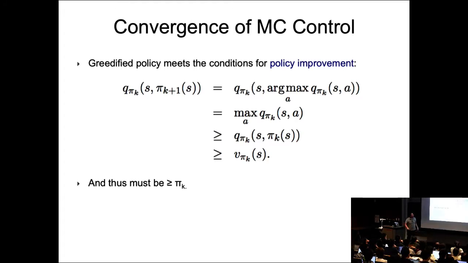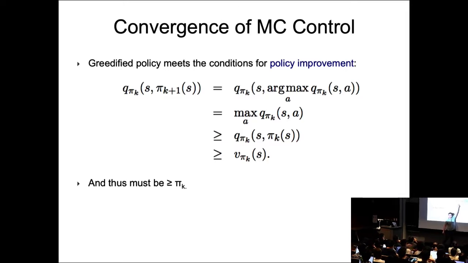Think of it as pi old. It's always greater than just the value of Q under the policy pi k, right? Because it's the maximum one, you're taking the best one. And this is always greater or equal to the value of the state. And so it must be better than pi k. So the Q value will increase.